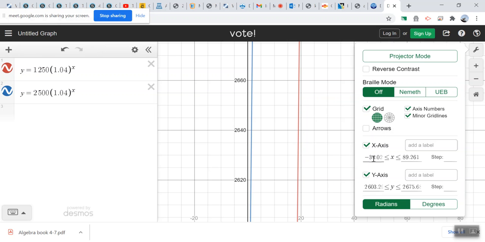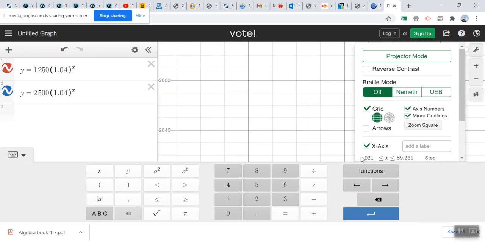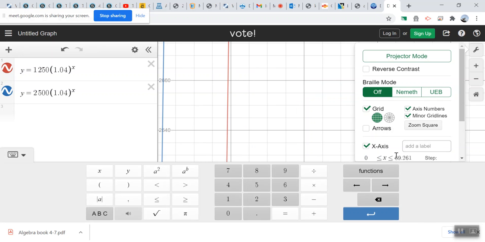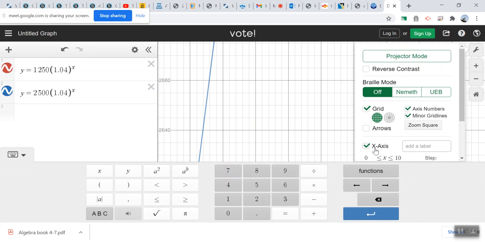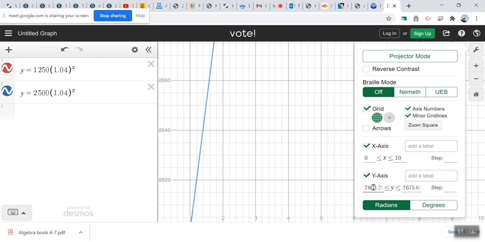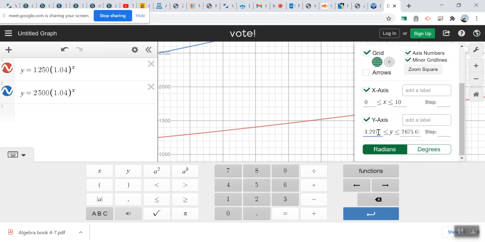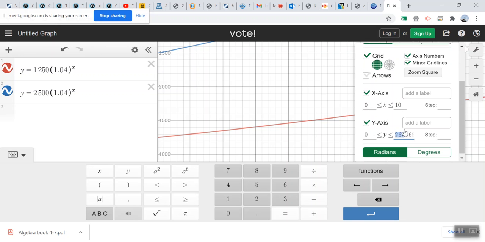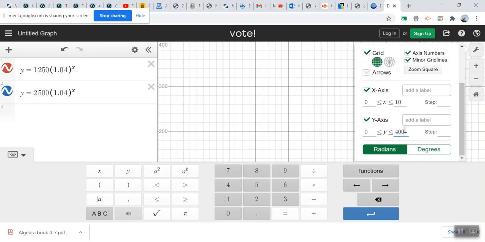So I can go to a custom grid. I really just want to see up to 4,000.